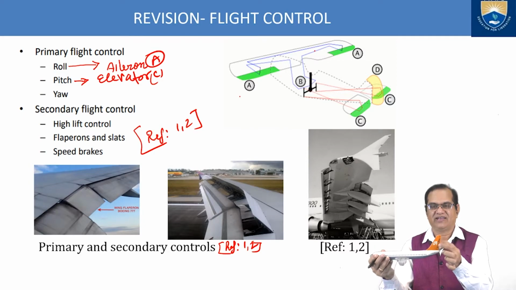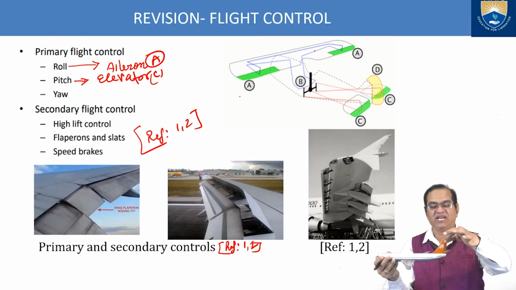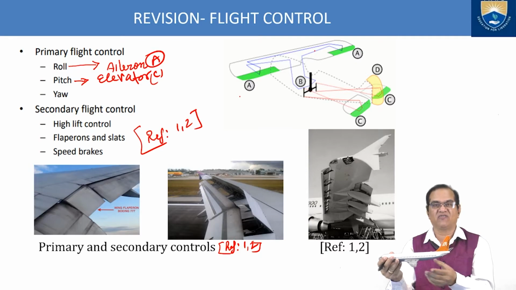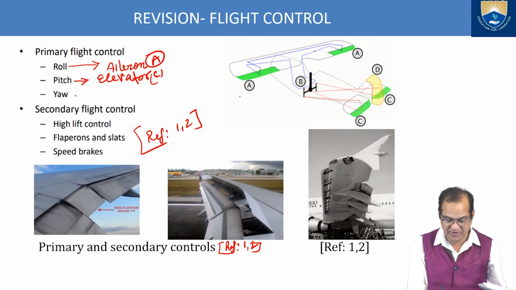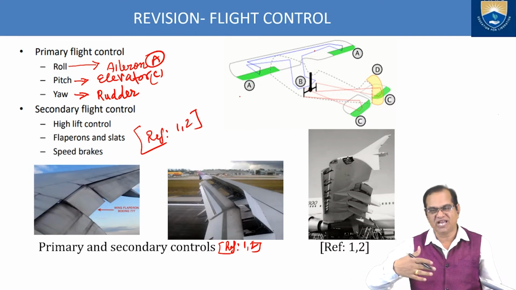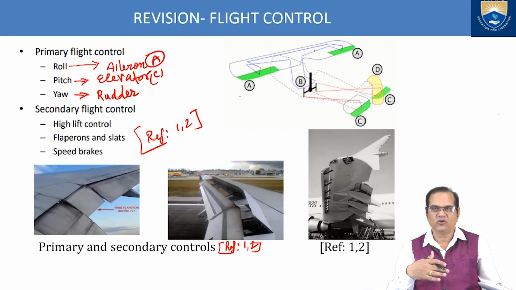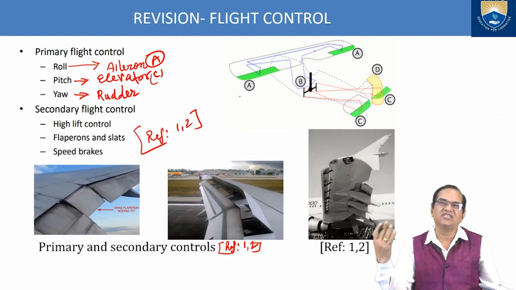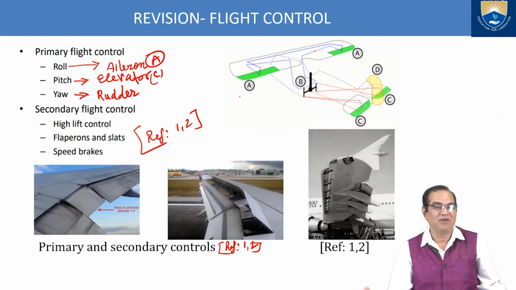Here is the rudder. The rudder is always on the vertical fin, at the end of the vertical fin. So the control name is rudder. This rudder is also there in ships, boats and all, because we want to make the nose go left and right. So the rudder is very old technology compared to the elevator and the aileron. Ailerons and these things are used in aircraft.